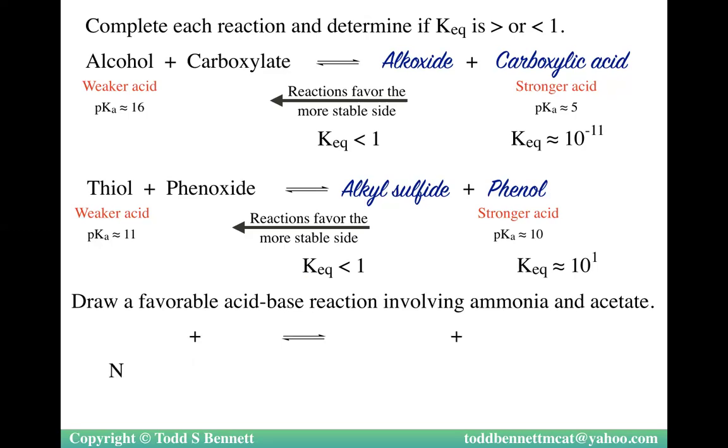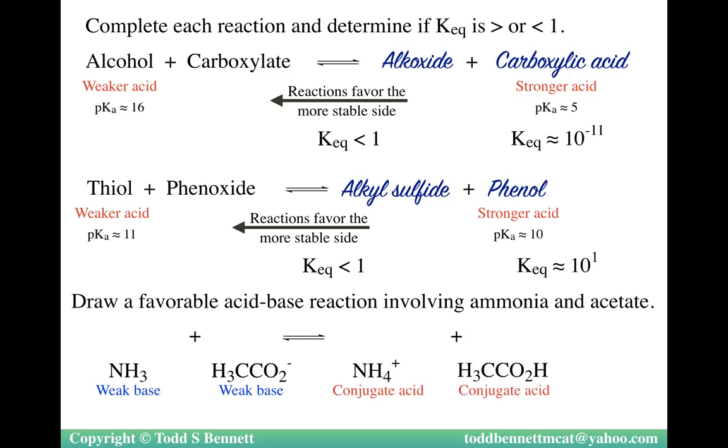So again, ammonia, acetate, weak base, weak base. So that's not working out for me. Conjugate acid, conjugate acid. So you can't react a base and a base. You get an acid and acid. Neutral and negative cannot go on to form a positive and neutral, as we mentioned. So we have to flip things around.